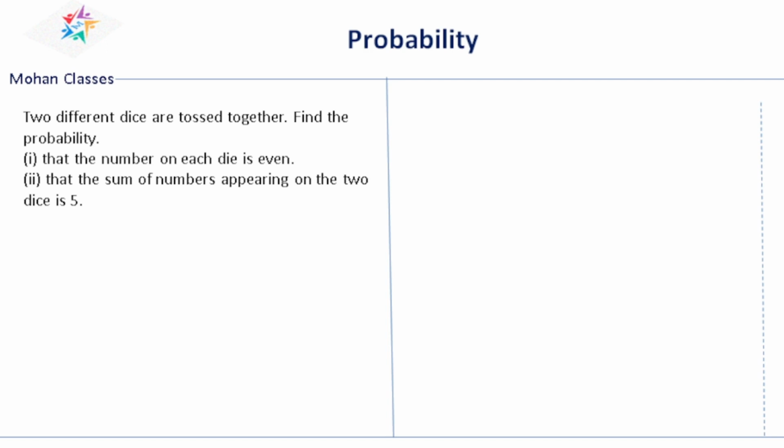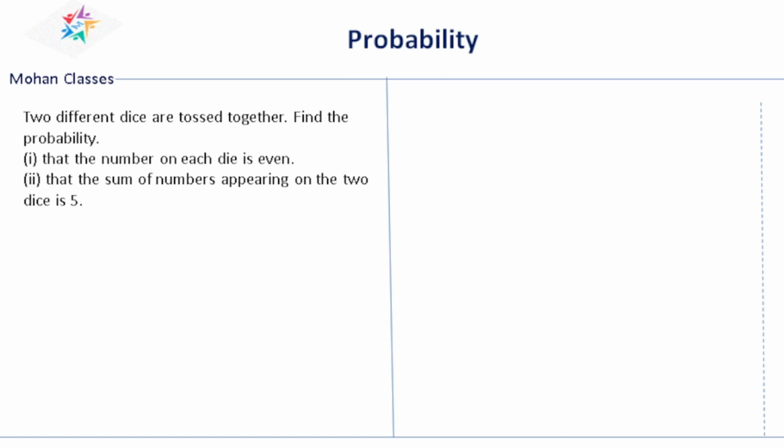So that's it. Yeah, one more sum is there. Here, two different dice are tossed together. Find the probability that the number on each die is even. Then the sum of numbers appearing on the two dice is 5. So here we have to find out 2. How we will do that?